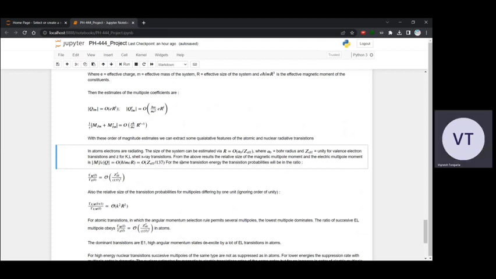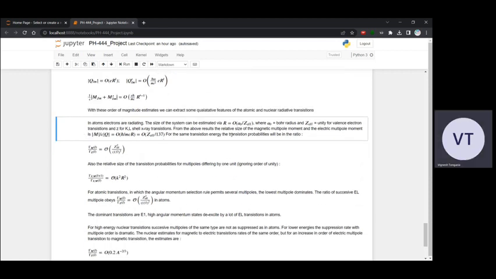And for the above results, using these estimates, we can find the ratio of the magnetic multipole moment and electric multipole moment to be of the order of h bar by m c r. And then further, writing the value of r to be of the order of a naught by Z effective, we can simplify it to the order of Z effective by 137.